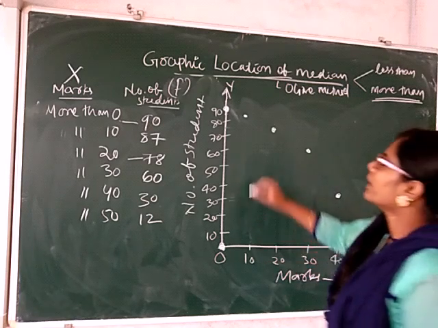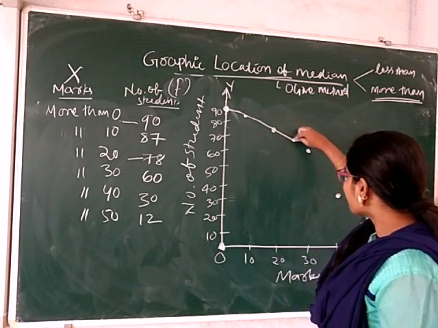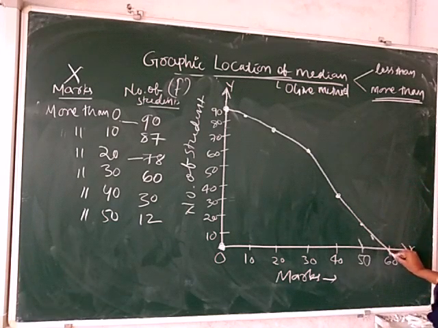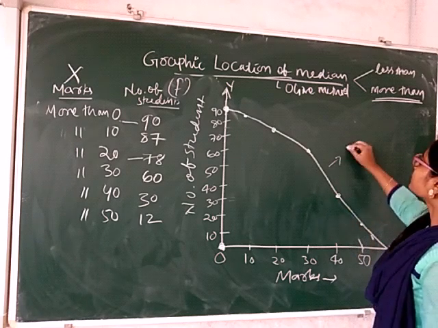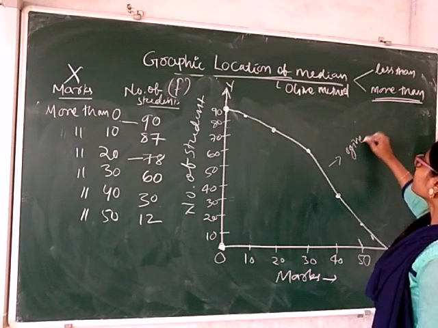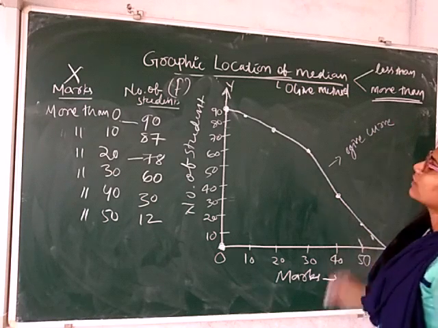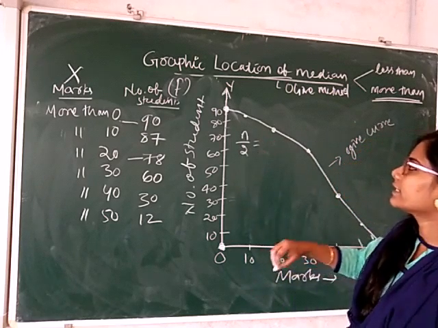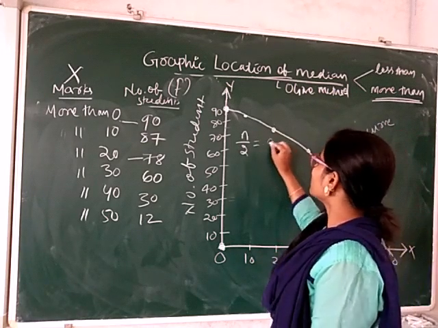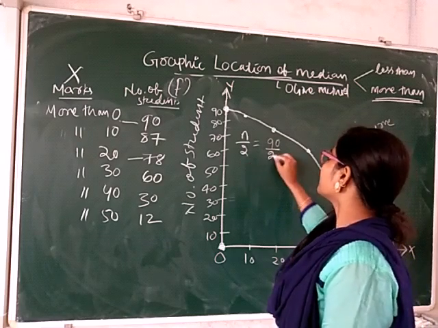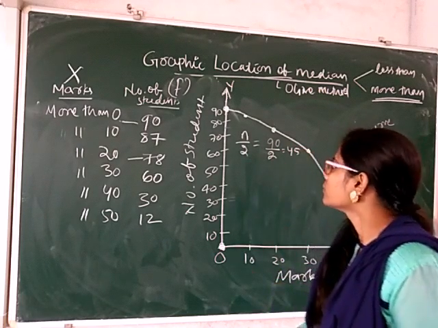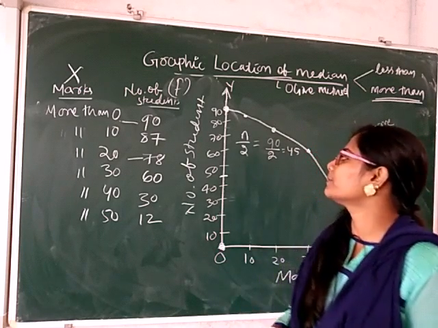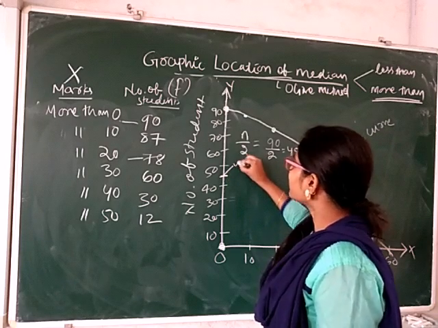Now we join these dots, so the curve will be like this. This curve is known as the OGIVE curve. Now we calculate the median. The median is calculated by n by 2, and here the number of students is 90, so 90 by 2 will be 45. The 45 comes between 40 and 50.